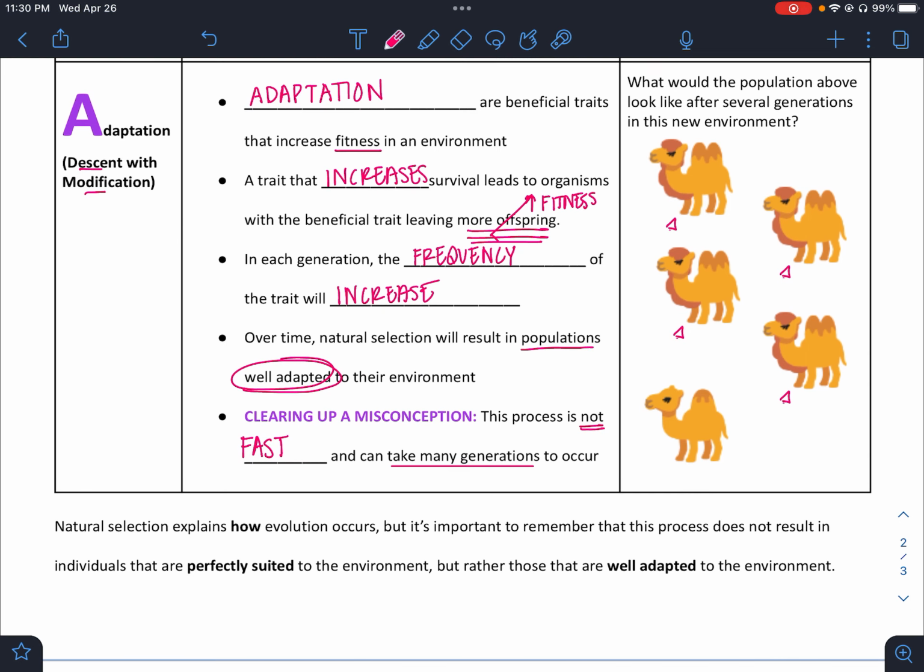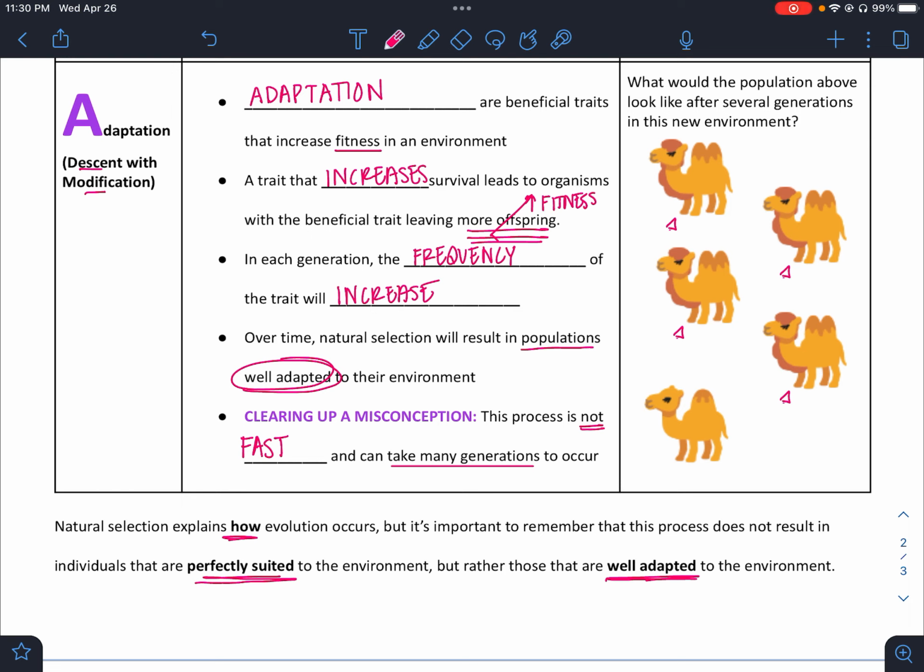Okay, so remember, natural selection is going to explain how evolution occurs, but it's important to remember that we don't end up with individuals that are perfect. Okay, there's going to be a lot of flaws in this process because the whole thing is due to chance. All right, what we end up with though is organisms that are well adapted to the environment based on the variations that they have.